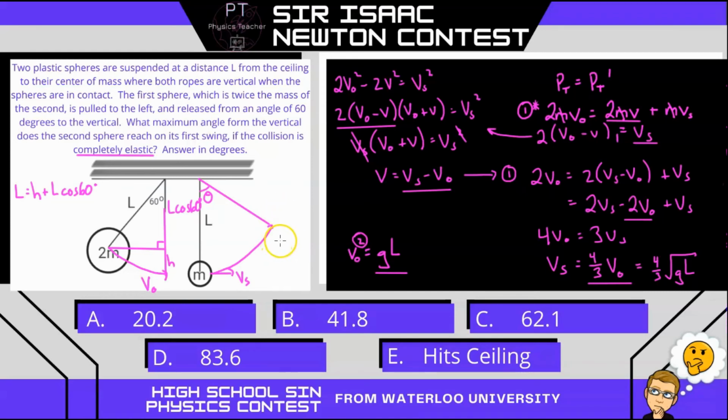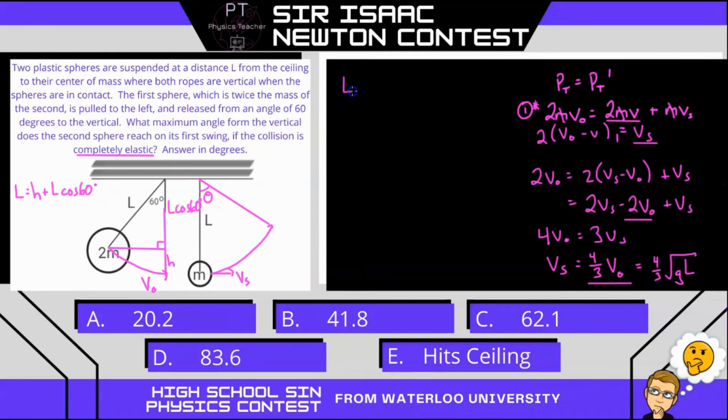So to finish this problem, we're going to once again use conservation of energy. So the energy of the small sphere right after the collision equals the energy of the small sphere when it reaches maximum height. So the small sphere initially is all kinetic energy, and eventually it'll all be gravitational potential energy.